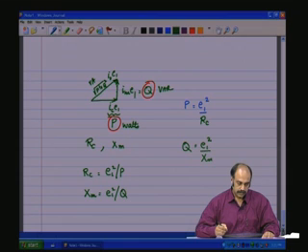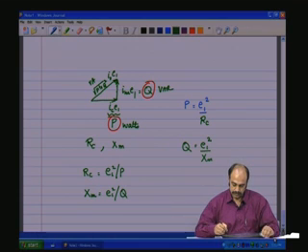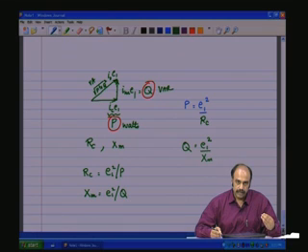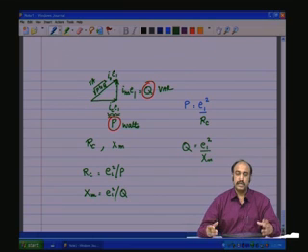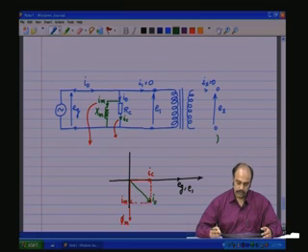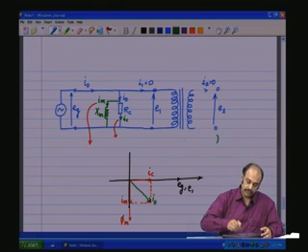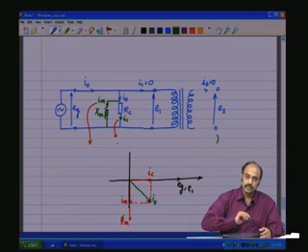So, let us do a small example for this particular case of non-ideality, where we have introduced a finite permeability, and we have also introduced the core loss components into the ideal transformer. So, the equivalent circuit is now composed of an ideal transformer plus some added components in parallel.